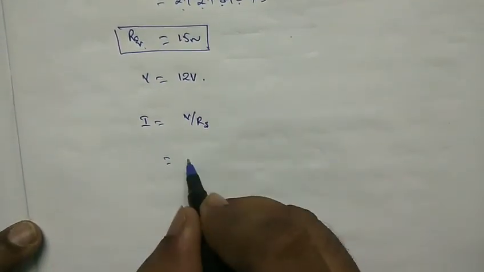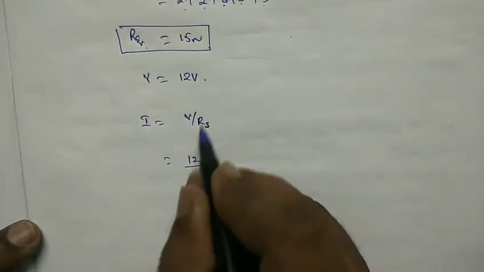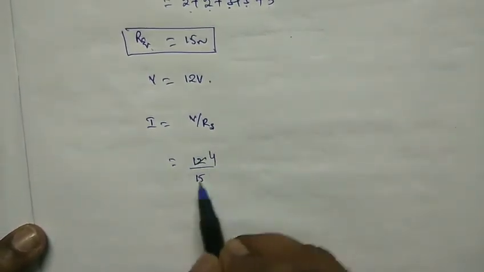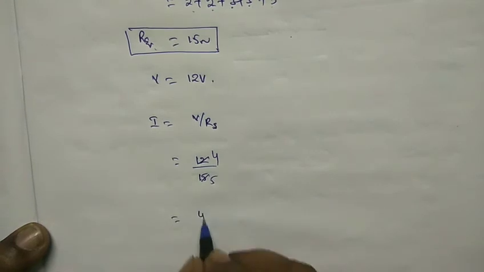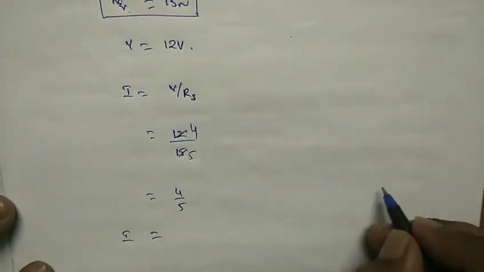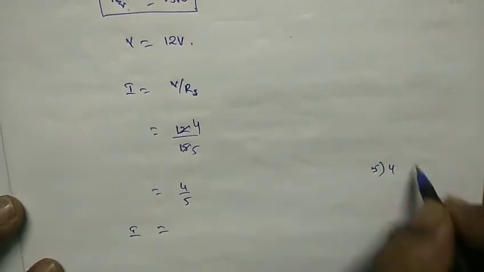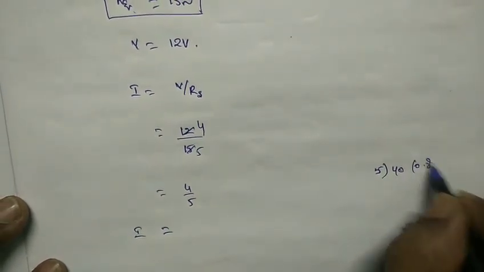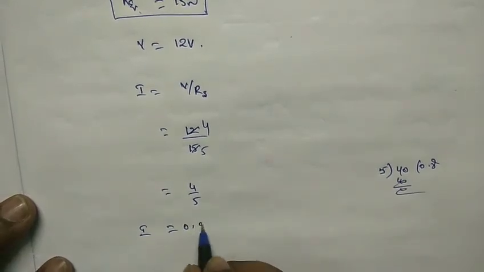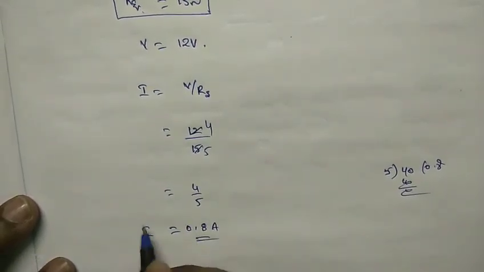V is 12, divided by RS which is 15. Dividing by 3, we get 4 by 5. So I is equal to 0.8 amperes.